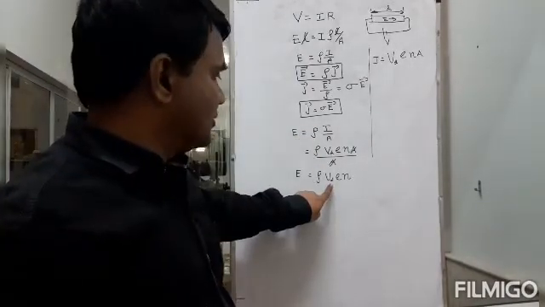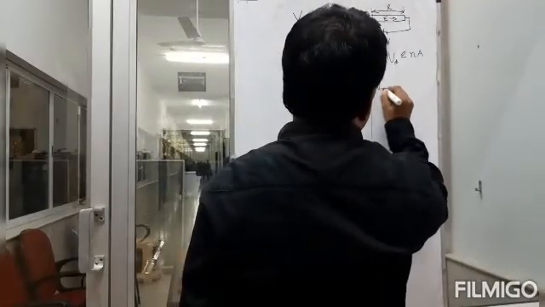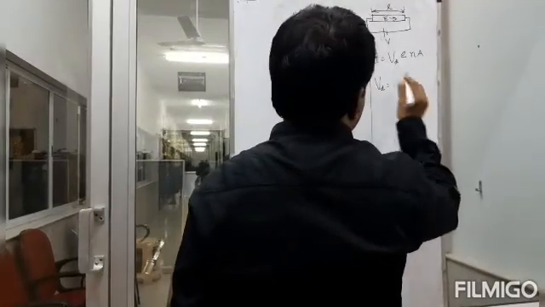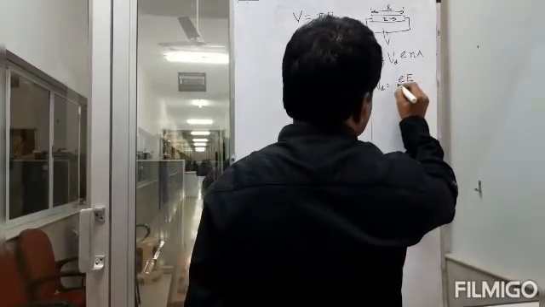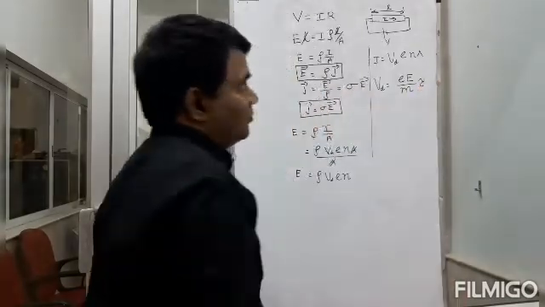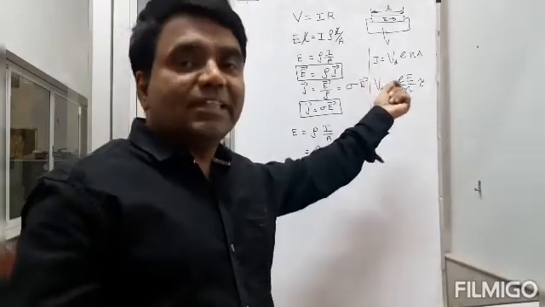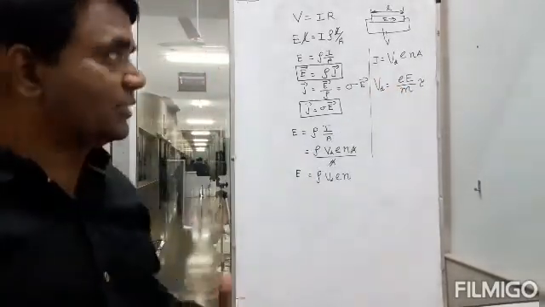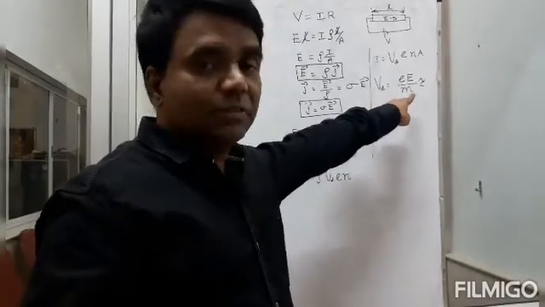I'm going to use this expression for v_d. What was the drift velocity we found out? v_d is equal to eE by m into tau. Right? That's what we derived a short while ago. I'm just taking the magnitude alone, not considering the direction. So v_d is equal to eE by m into tau.